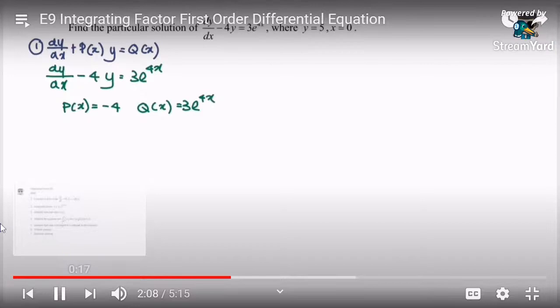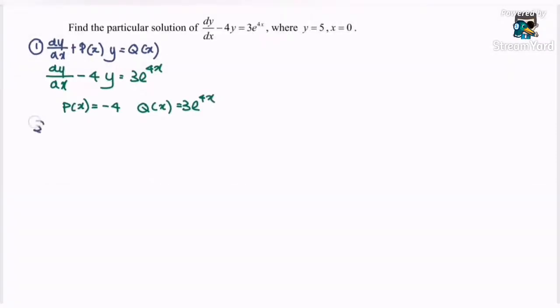Step number 2, find the integrating factor. So in here, the integrating factor will be equals to e to the power of integrate negative 4 dx. So the integrating factor will be equals to e to the power of negative 4x.